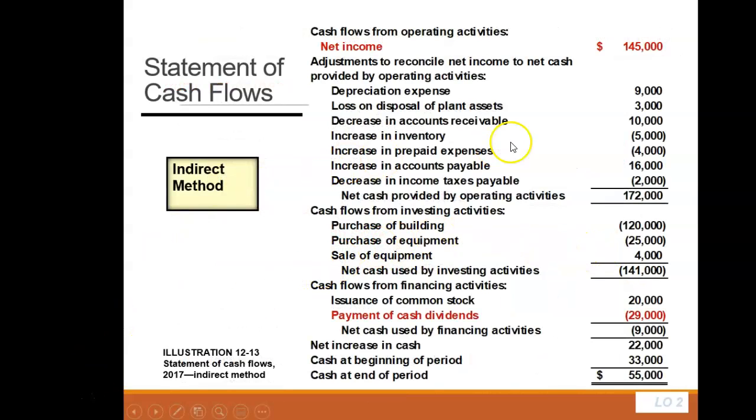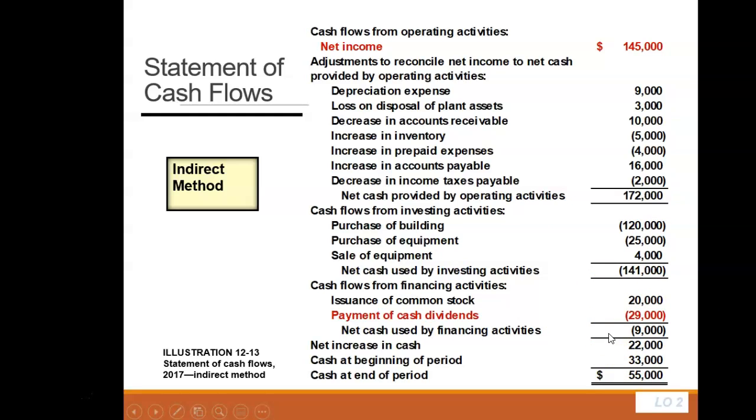Okay? And again, here you see the statement from beginning to end. We begin with our accrual-based net income. We show the overall change from our operating activities, the overall change from our investing activities, the overall change from our financing activities.